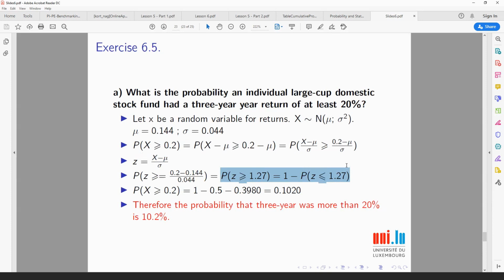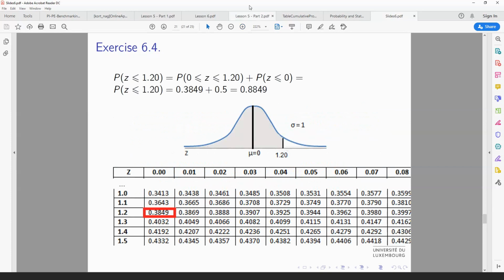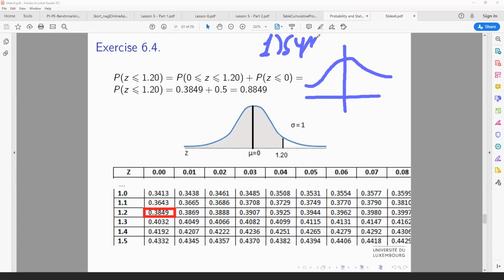You mean why the area under the left tail is equal to 0.5? Okay. Patrick, look, you have the normal distribution. First, it's symmetric. Symmetric means that the two areas are equal.